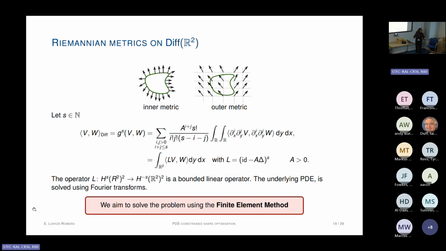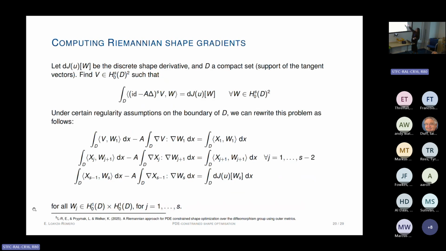And of course, because I like to use the finite element method, and I like to use exactly the same mesh both for the deformation and for solving the PDE, I wanted to see how I can solve this problem, the problem in the line above, using the finite element method. And I wanted to use not higher order methods, but exactly first order, so piecewise linear elements, also for the computation of the shape derivative.